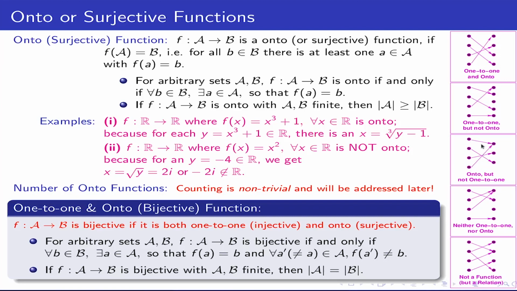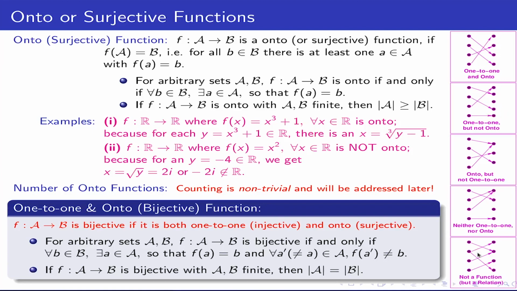So this is not a one-to-one function. However, in onto, the only necessity is that every element of B is associated with some element of A. In this case, the codomain contains an element which is not associated with anyone. So this is not onto.